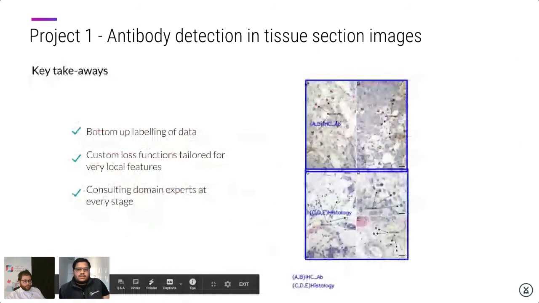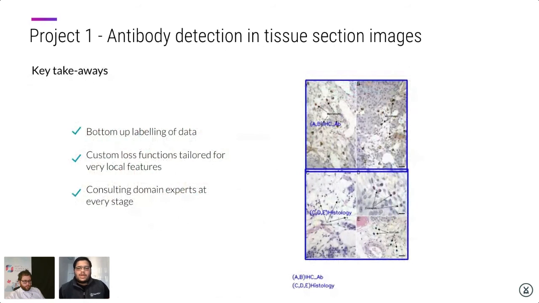And so just moving on to some key takeaways from this project. Bottom-up labeling, by which I mean we gave our dataset labeling team, which consists of scientists, a decision tree of 29 subgroups of histology classes distinguished by various visual and experimental contexts, instead of just 2 classes such as positive and negative.